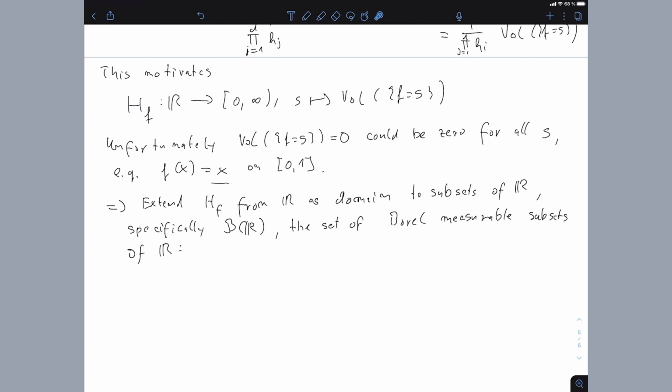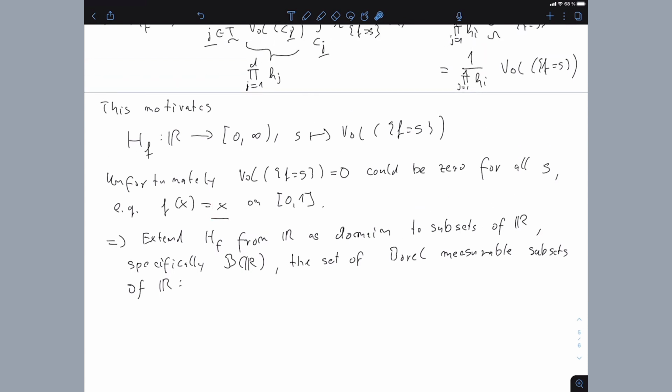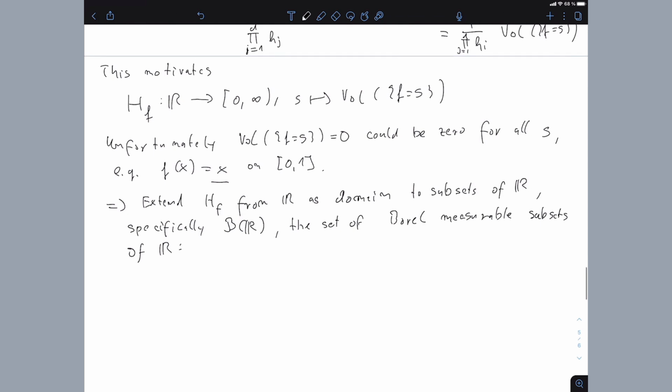Because then we see that the different value ranges are actually attained. So that means we take this H_F from the Borel sets to 0 to infinity, and such a set A is now mapped to the volume of F in A. This is more complicated to handle than a function because it's mapping sets to numbers and not positions to numbers.